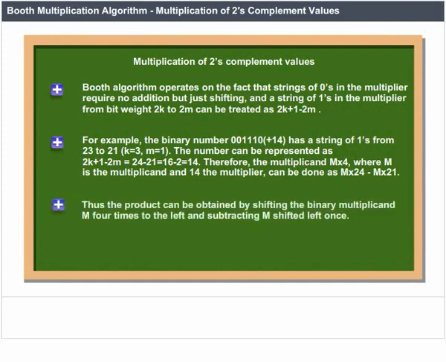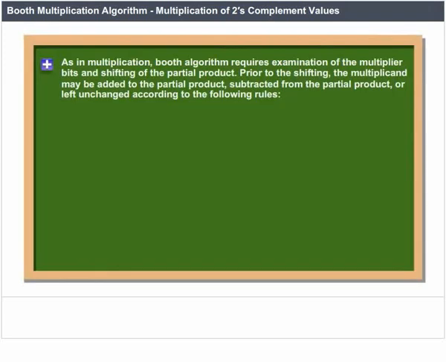Thus, the product can be obtained by shifting the binary multiplicand M 4 times to the left and subtracting M shifted left once. As in multiplication, the Booth algorithm requires examination of the multiplier bits and shifting of the partial product.